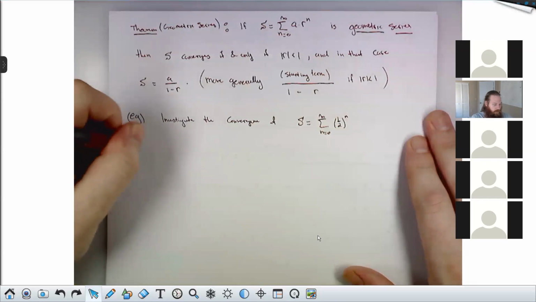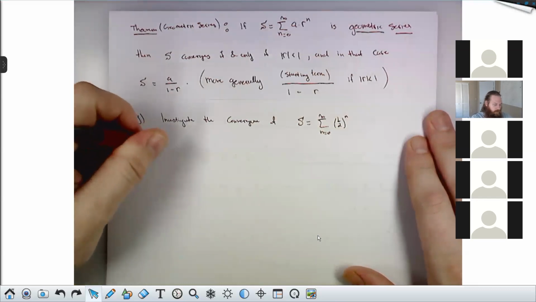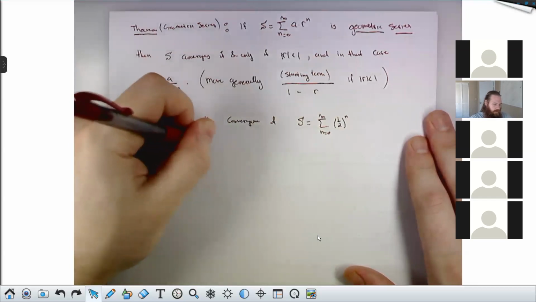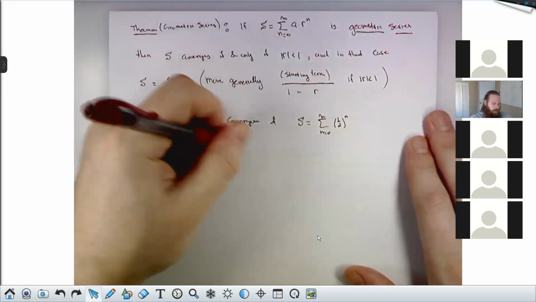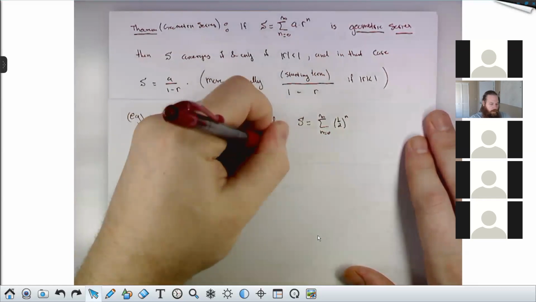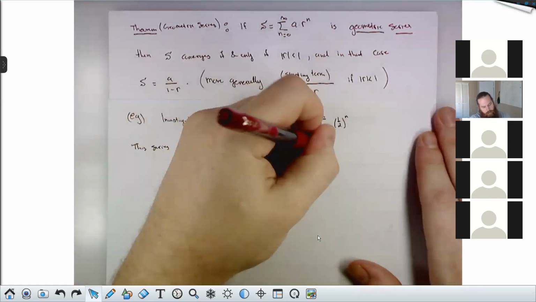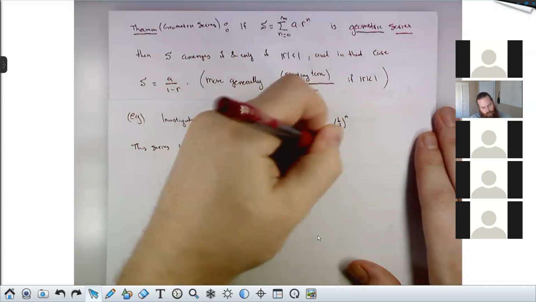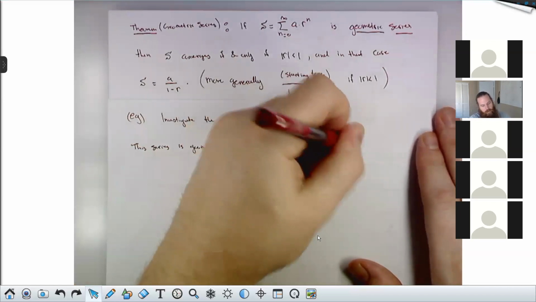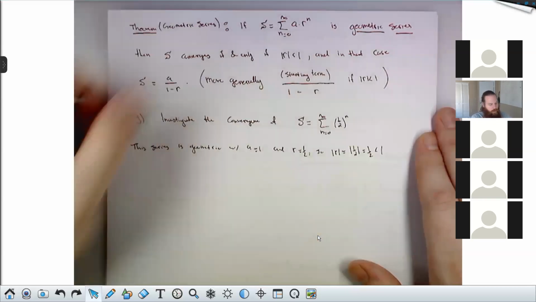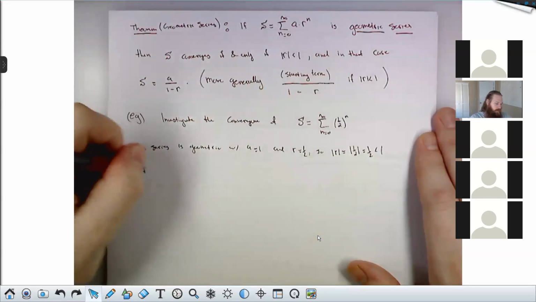This series is geometric with a equal to 1 and r equal to 1/2. So the absolute value of r, the absolute value of 1/2, is 1/2, which is less than 1. So the series converges.